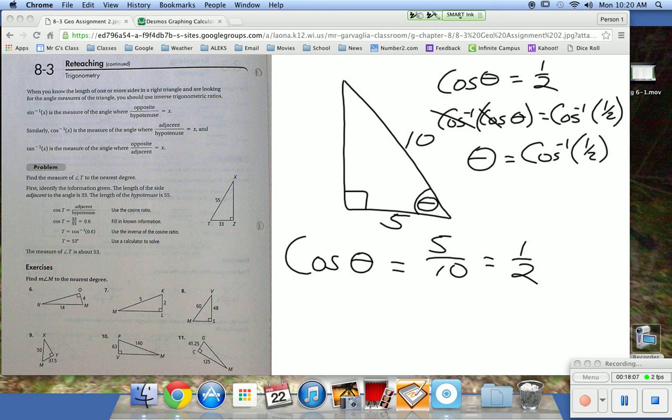60. That's interesting. 60 degrees. Theta equals 60 degrees.